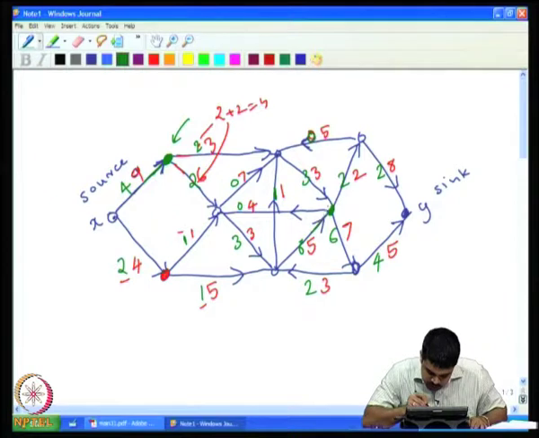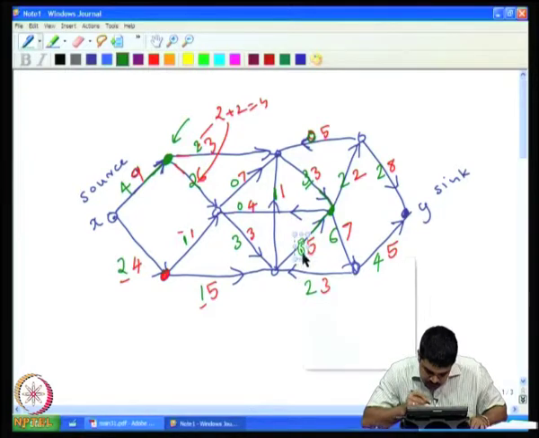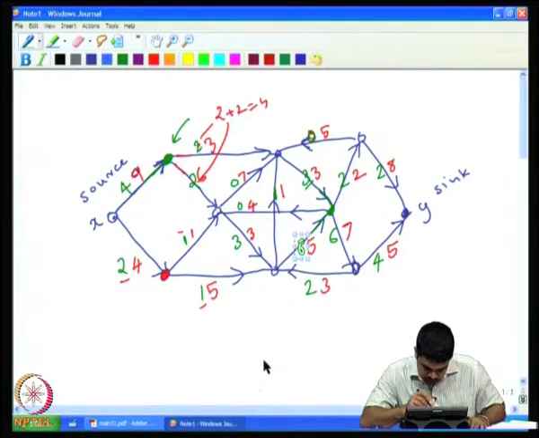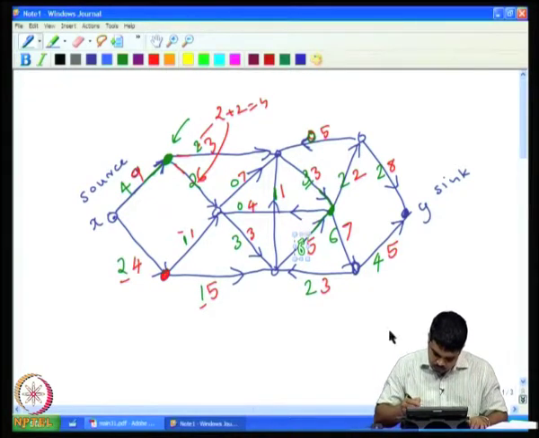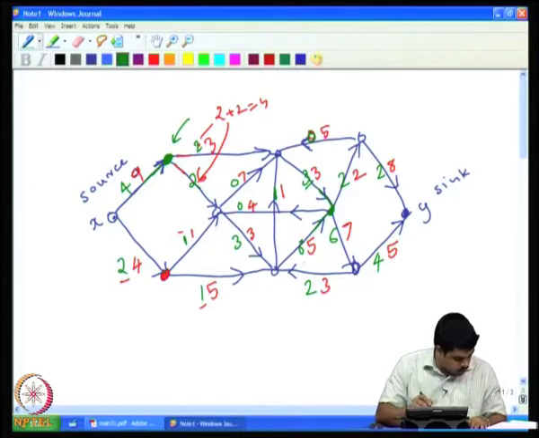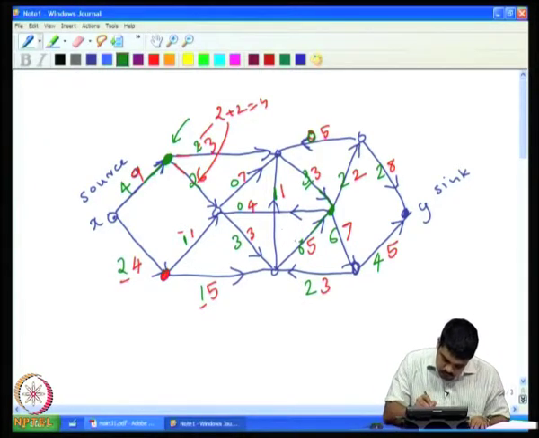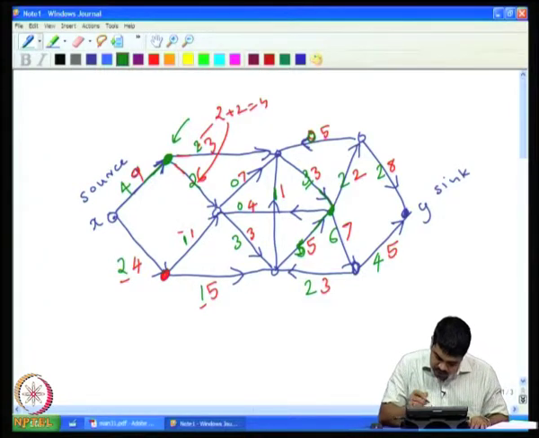You can check, for instance, whether the conservation constraint is satisfied at this node. The incoming arcs are this one and this one. The total is 3 here and 5 here, sorry, 5 here, 3 plus 5 is 8.